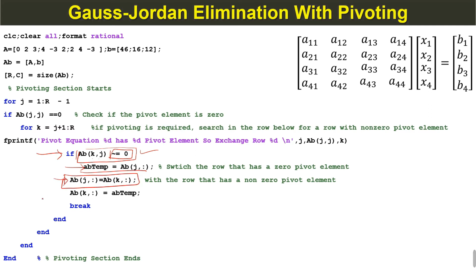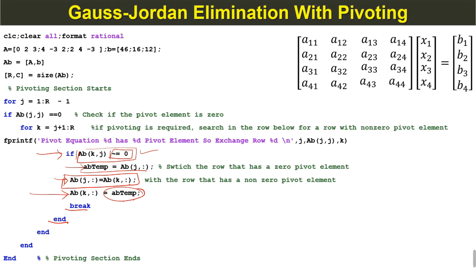Next we update the row that has a zero pivot element with the row that has a non-zero pivot element. Then we use break. So this is the pivoting section, in which we search for the row that has a non-zero pivot element and then switch the two rows with each other.